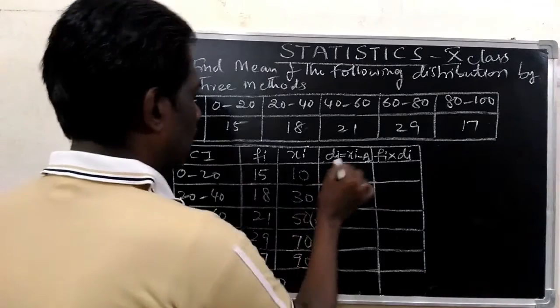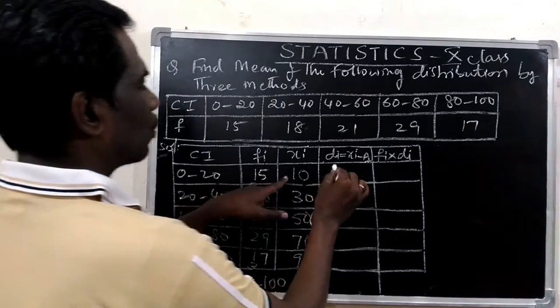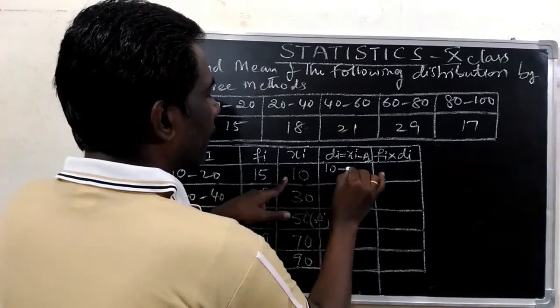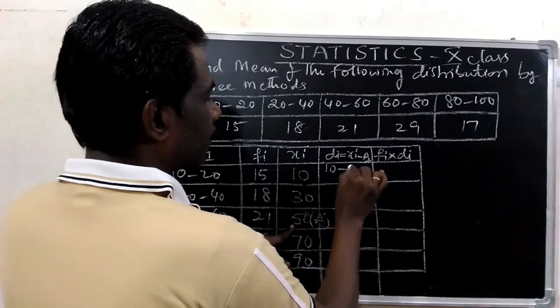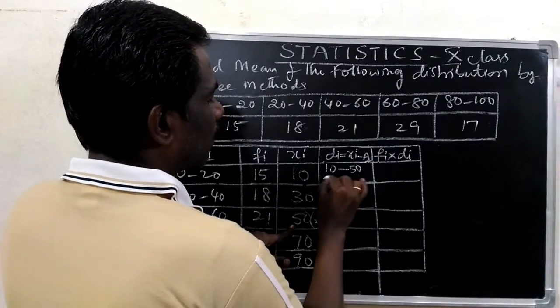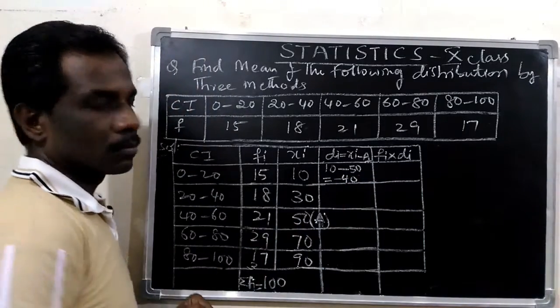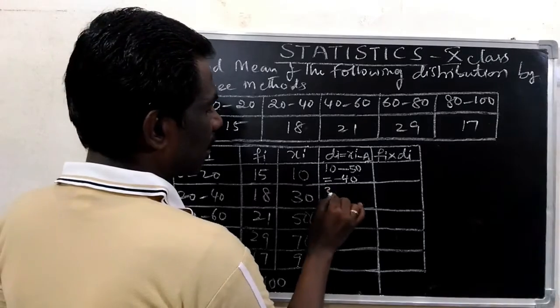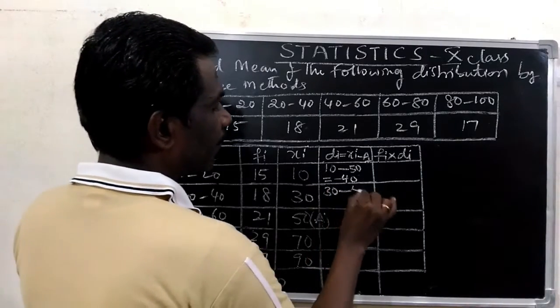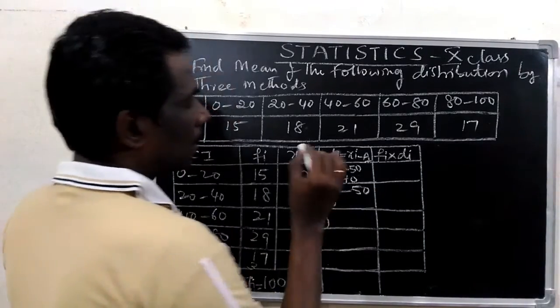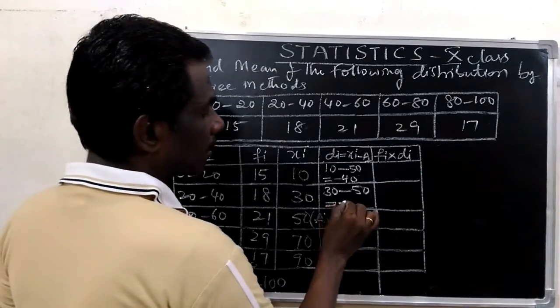Here the xi is 10, minus a is 50, equals minus 40. Here xi is 30 minus a, 50: 30 minus 50 is minus 20.